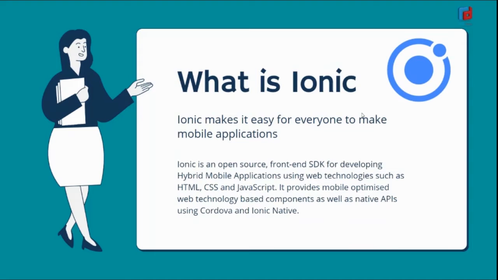Next, one of you just asked if it is used for making Android applications or iOS applications. Most of you might have heard that Android applications are made with the help of Kotlin and Java, while iOS applications are made with the help of C Sharp.